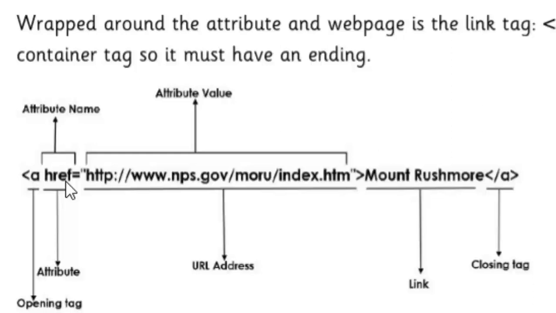Every time you want to create a link, open the tag, type A, space, href equals, open a quote, and write down the web page address or URL to the page where you want to take the user. Close the quote, close your tag, write something so the user understands where they are going, and then close the A tag, which is the link tag.